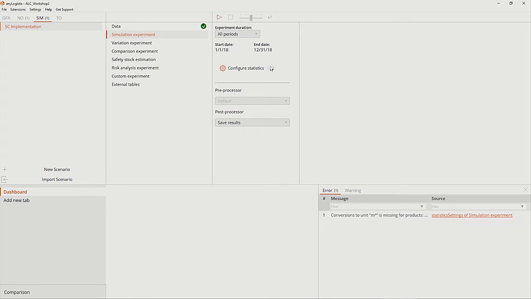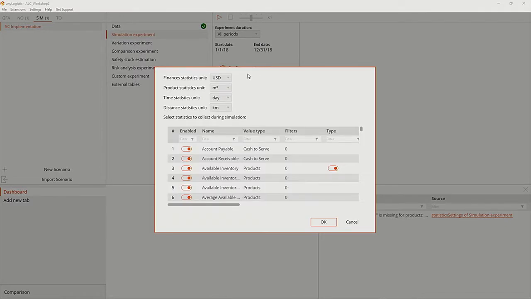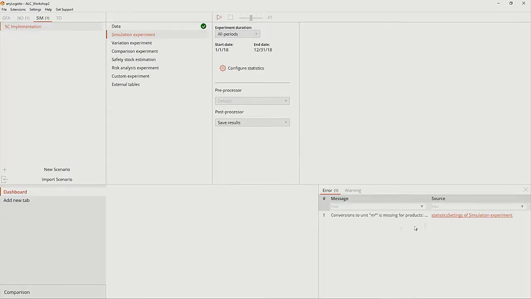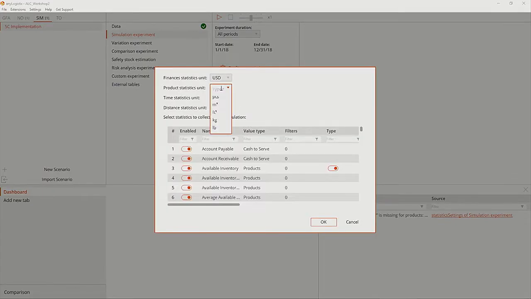In my case, I have all my supply chain defined by individual headphones units, pieces. And my statistics by default is cubic meters. So the validation view suggests I change it. So I change it to pieces.